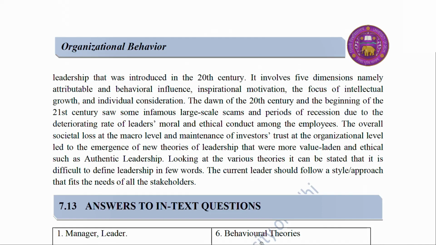The overall societal loss at the macro level and maintenance of investors' trust at the organizational level led to the emergence of new theories of leadership that were more value-laden and ethical, such as authentic leadership. Looking at the various theories, it can be stated that it is difficult to define leadership in few words. The current leader should follow a style or approach that fits the needs of all the stakeholders.